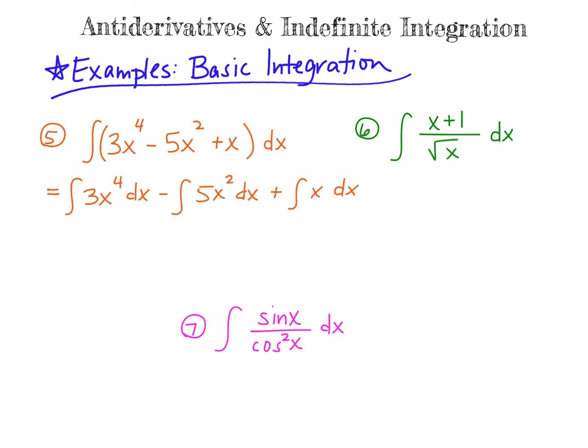Using that backwards power rule for all of these really, we see that we have 3x to the 4th. So this 3 will just keep out front. And then using the backwards power rule or the power rule for integration, we're going to add 1 to this 4, and that is both what x gets raised to and what we divide by. If you do a quick derivative check here to make sure that you get 3x to the 4th, you'll see that it works.